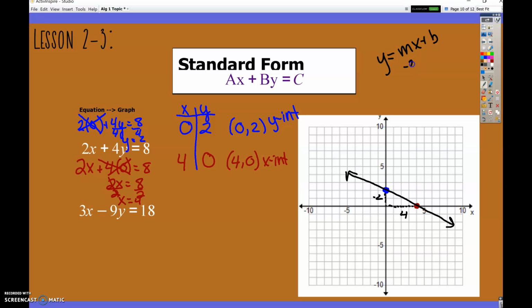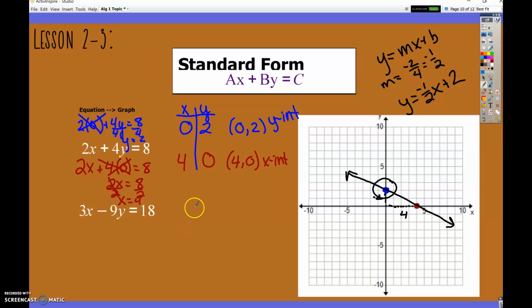So if I put negative 2 over 4 as my slope, that can be reduced to negative 1/2. So I know my equation would be y equals negative 1/2 x, and I can even see my y-intercept of 2, so plus 2. It's nice to see that the graph can always help you find the y-intercept when you're making standard form happen.